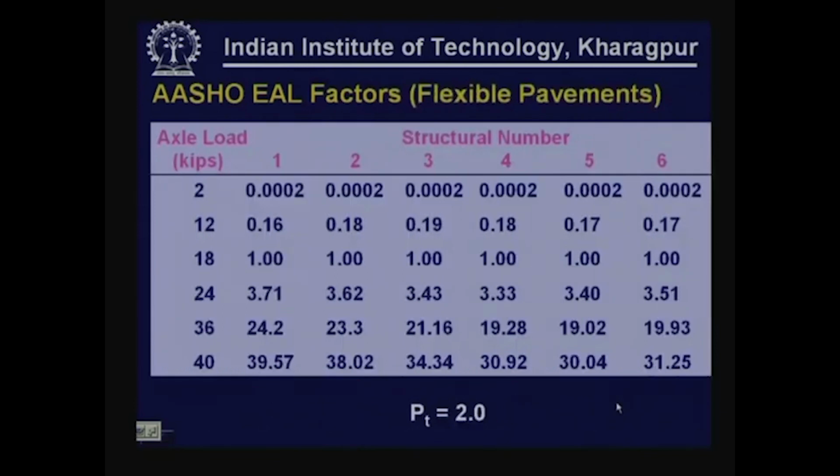The AASHO equivalent axle load factors, as you can see in various standard literature, are given for different axle load groups. Each axle load group is given in terms of kips, 1000 pounds. For example, 18 kips, 18,000 pounds, is the standard axle.